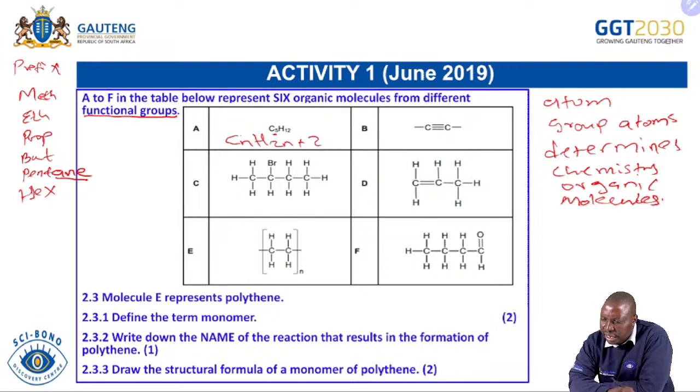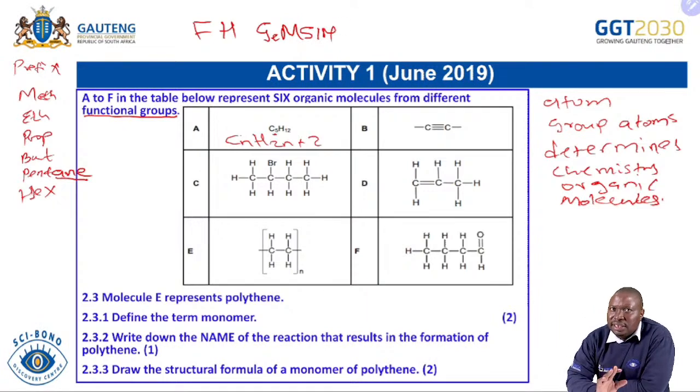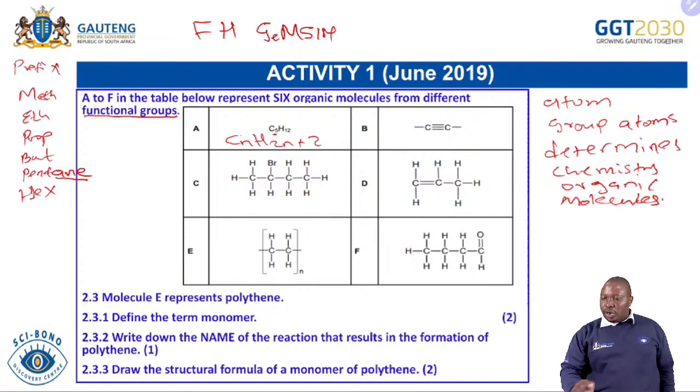You wrote its general formula. I think I emphasized that remember, when you're dealing with this table, there are these things that you must always know. I will put it like this, F.H.J.M.S., as a strategy for seeing this table in question 2. When you see this table, you must find the functional group.